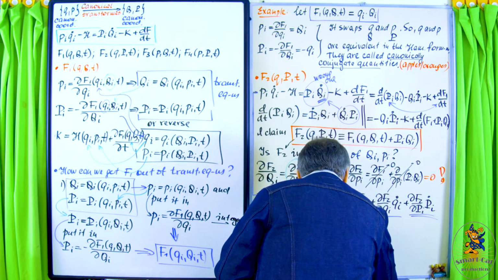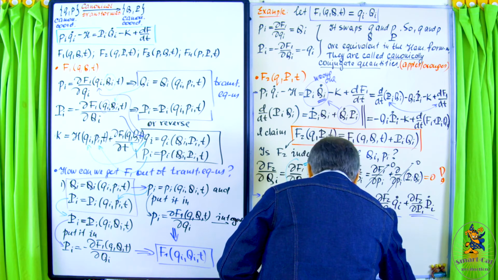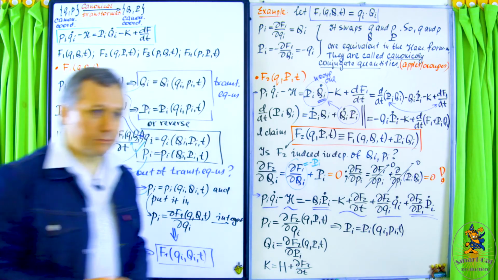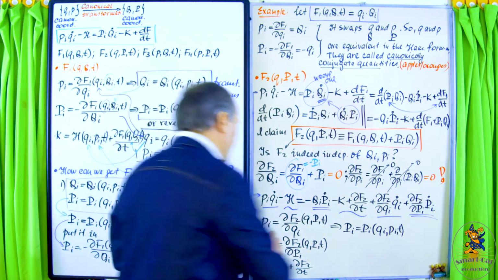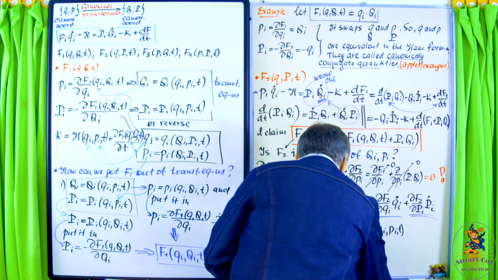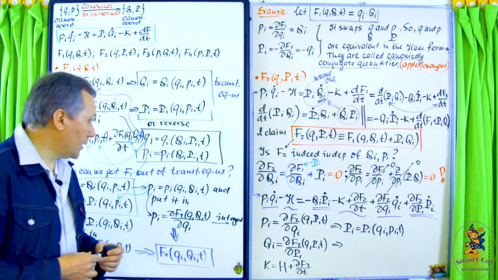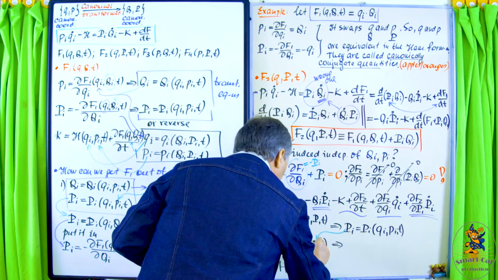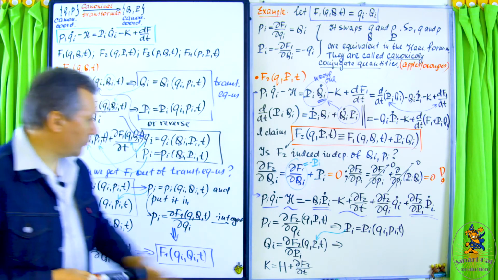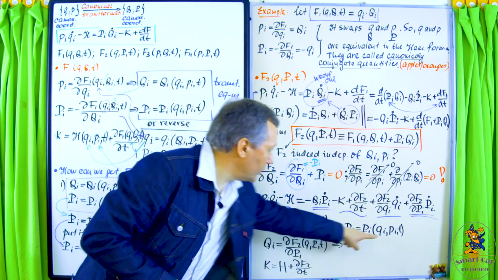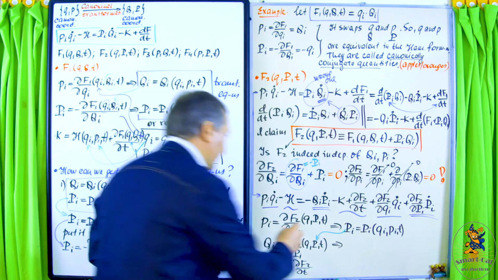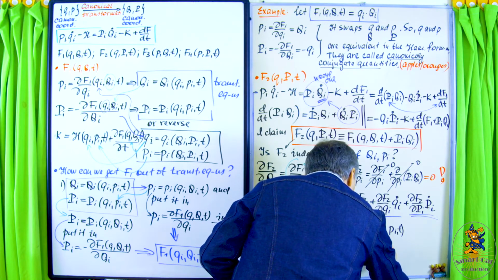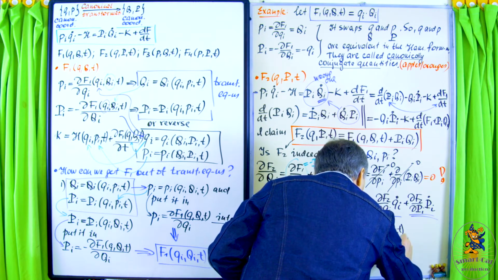So it will be P capital equals a function of q small, p small, and time. So that's how we can get the new generalized momentum. And then if we take that, plug it into the second equation instead of P, we will be able to get Q capital as a function of q small and p small. So as a result, we'll get Q capital as a function of q small, p small, and time.